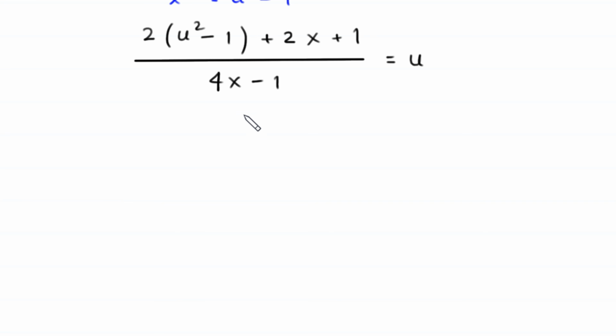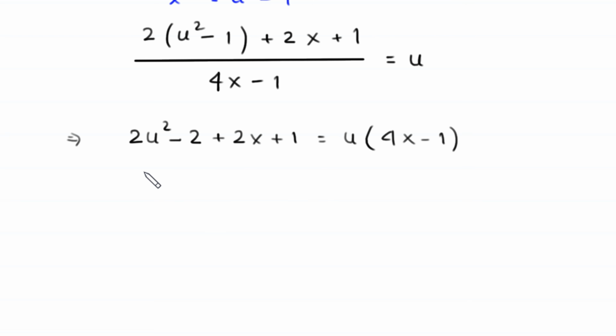If we multiply both sides by the denominator 4x − 1, this implies 2 times u² is 2u², and 2 times −1 is −2, plus 2x plus 1 equals u times (4x − 1). Simplifying further, 2u² plus 2x, −2 plus 1 is −1, equals 4ux and −u.